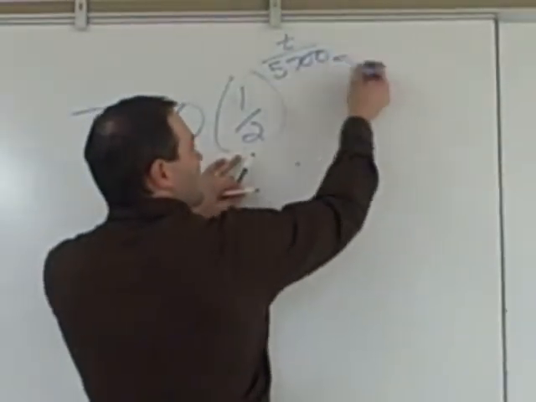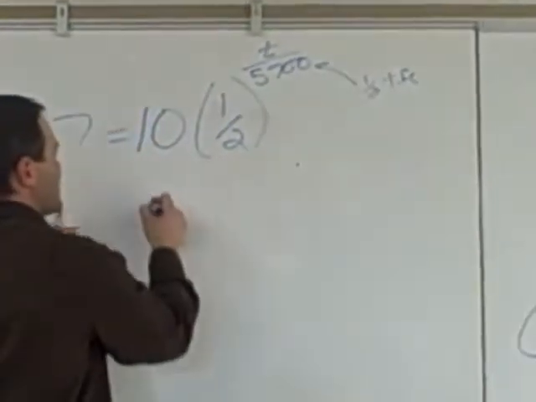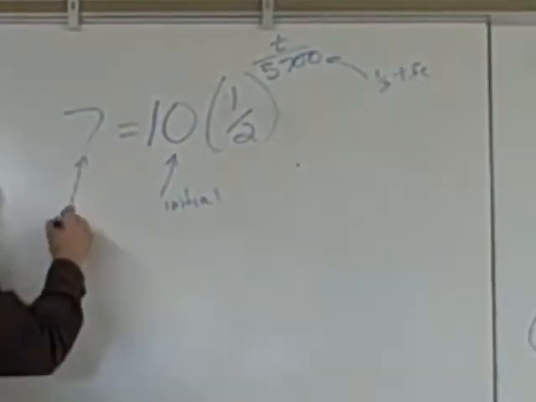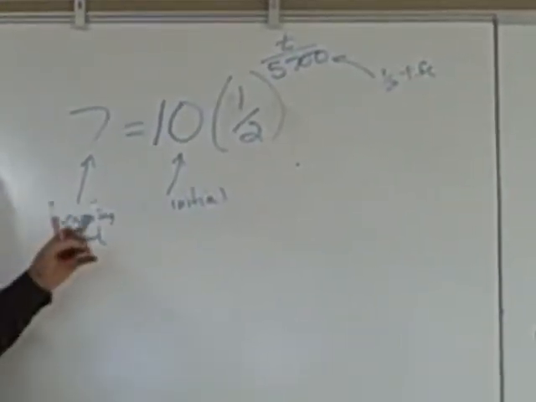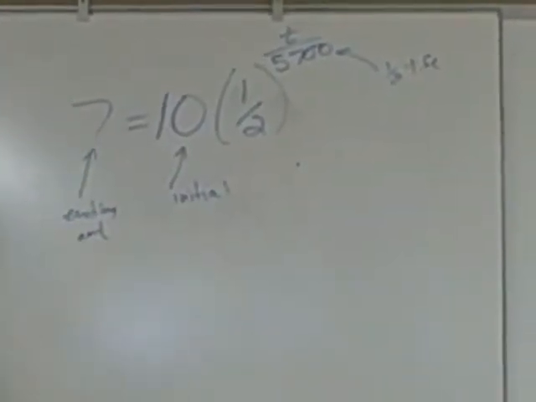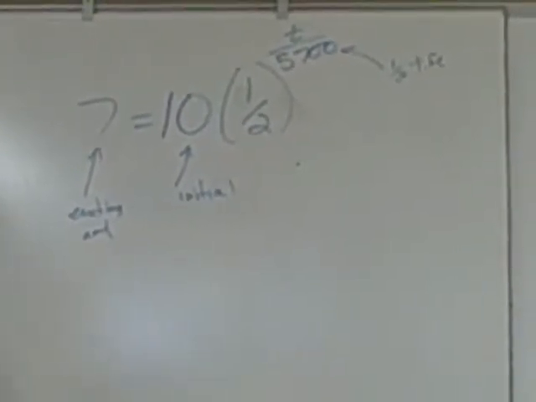This is the actual half-life. T is time, this is the initial amount, and the ending amount. So for half-life problems, it's a good formula to know. Divide by 10, do some log stuff, and you're good to go.